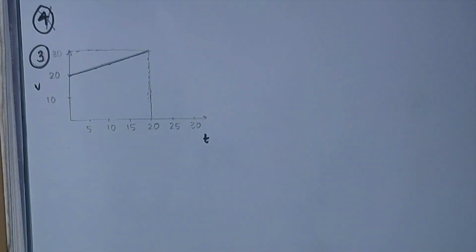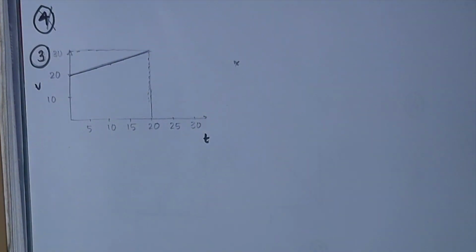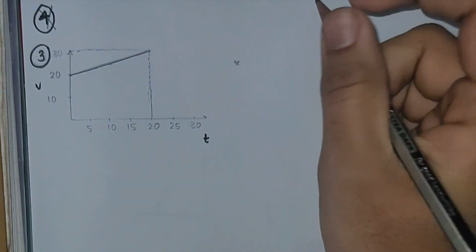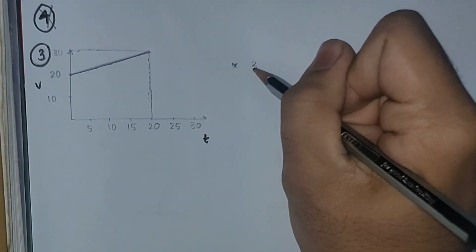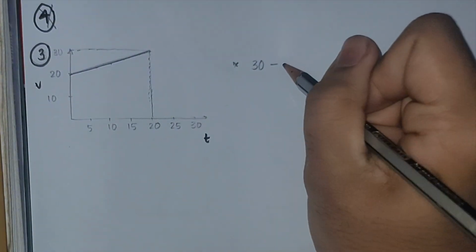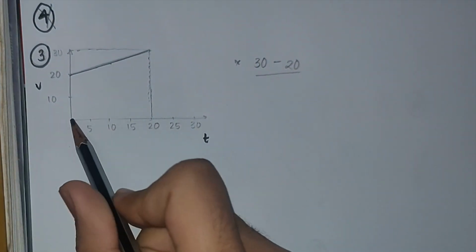Okay, so the first way is finding the slope. Finding the slope, what we do is we take this coordinate, the y value, that's 30, minus this coordinate 20, and then 20 minus 0.